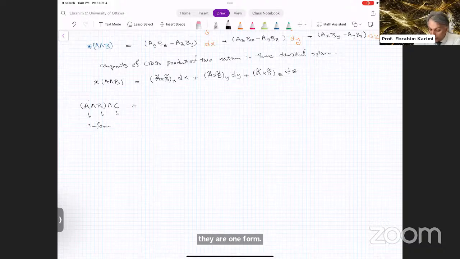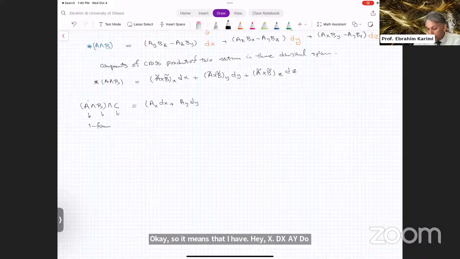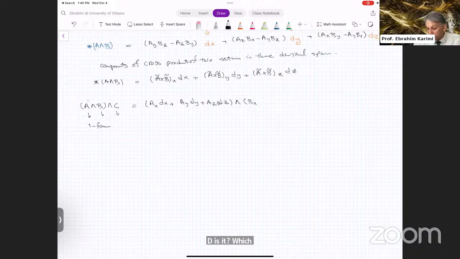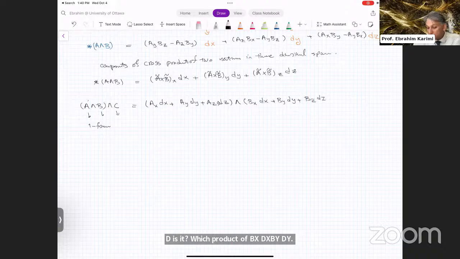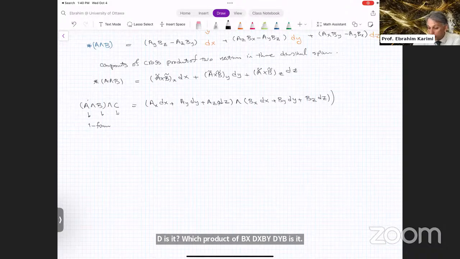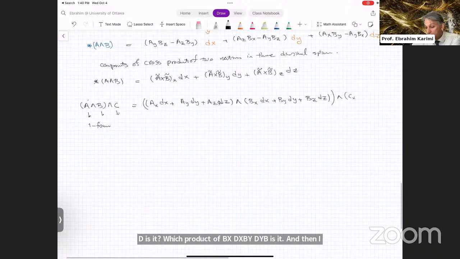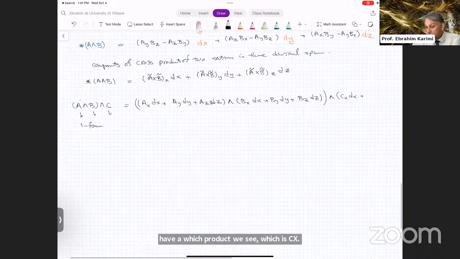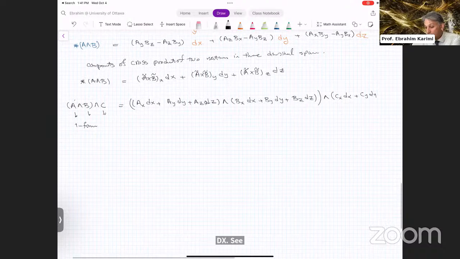So it means that I have AX dx, AY dy, AZ dz, wedge product of BX dx, BY dy, BZ dz, and then a wedge product with C, which is CX dx, CY dy, CZ dz.